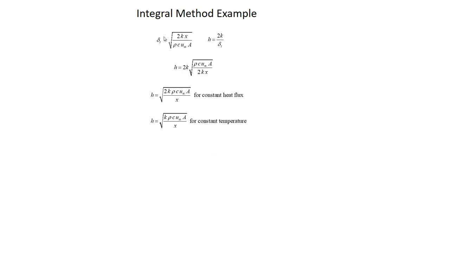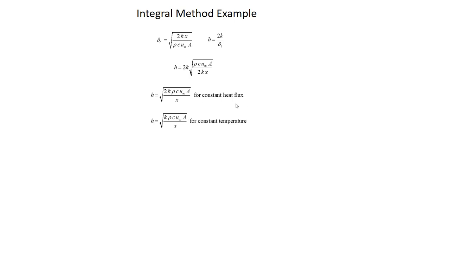So here is my solution. I just substituted it back into this equation for the heat transfer coefficient, and I got this, which if you bring the 2 and the k inside of here, you get this equation. If I were to go back and find the equation that I got for constant temperature, you'll see they look almost the same, except there's a square root of 2.